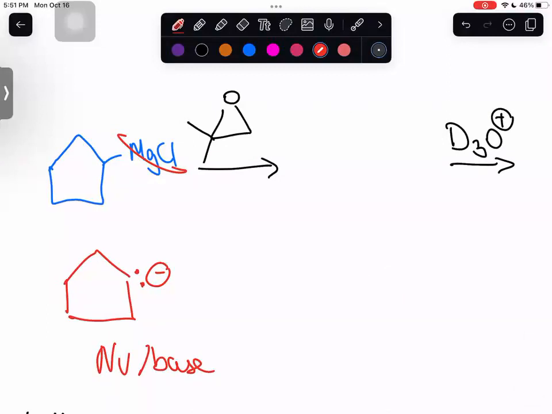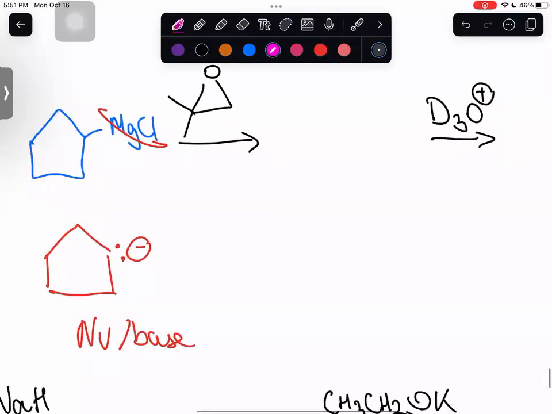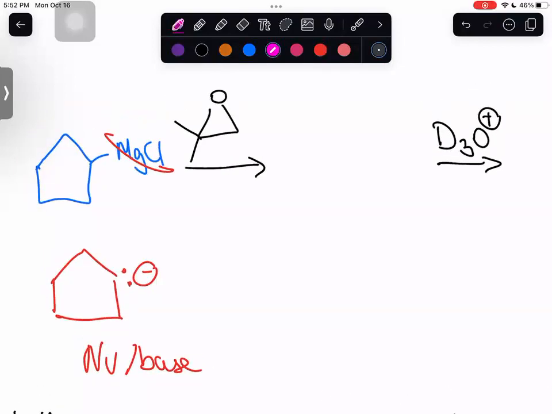Okay, hold on your questions until the end. So we have a base plus an epoxide. What's going to happen? Left one, what kind of degree do we have? Tertiary. Right one is primary. So, of course, we're going to be attacking here, and we're breaking that open.